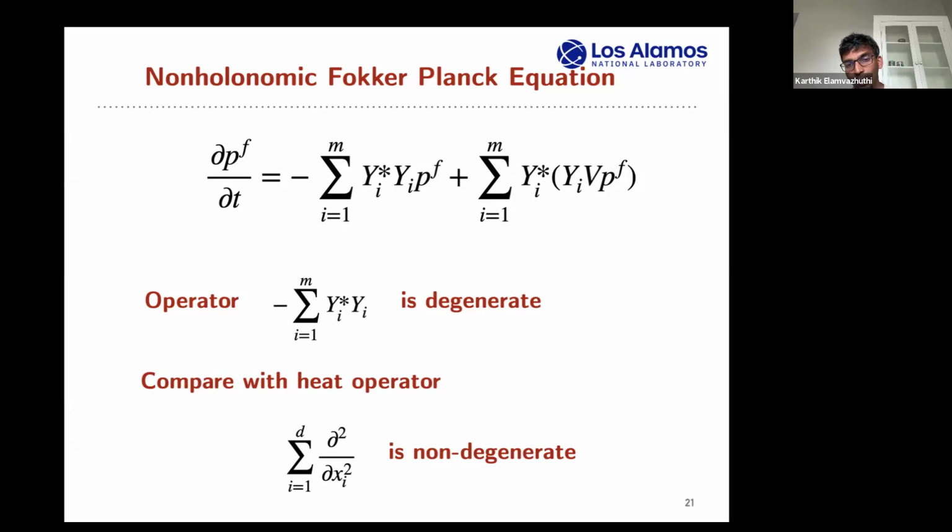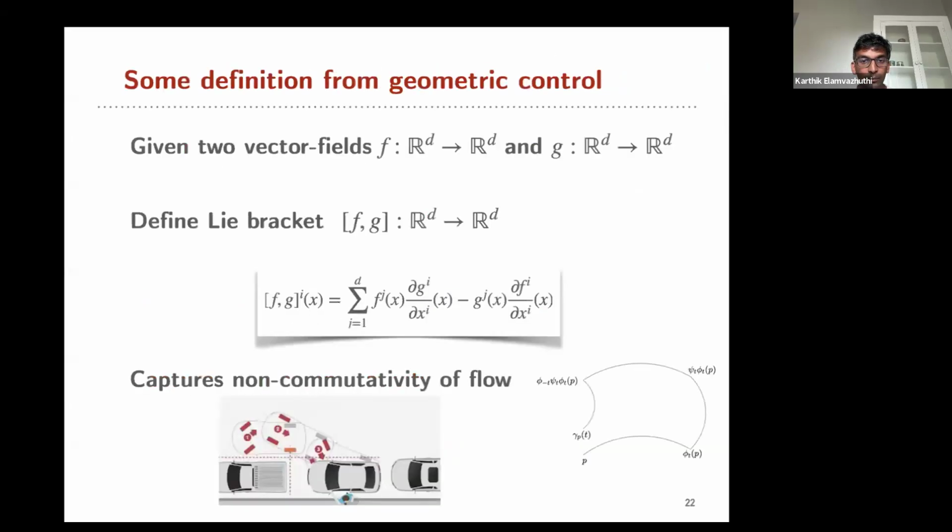I won't go into the detail of what it means to be degenerate, but in the case where you can add noise in all directions, you recover the so-called heat operator or the Laplacian, which has a much bigger body of research associated with it, basically due to the fact that you can add noise in all directions. So you have all the derivatives in the operator. Whereas in the control case, because you have only limited directions, these are harder to analyze.